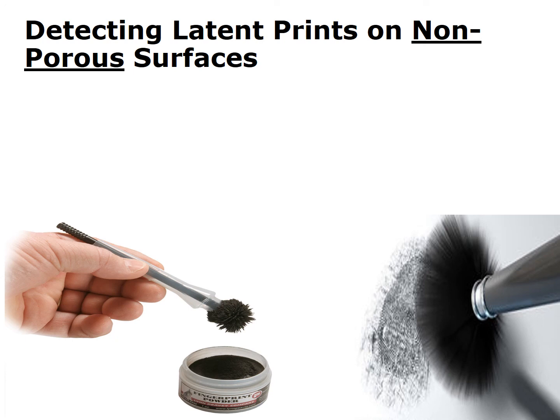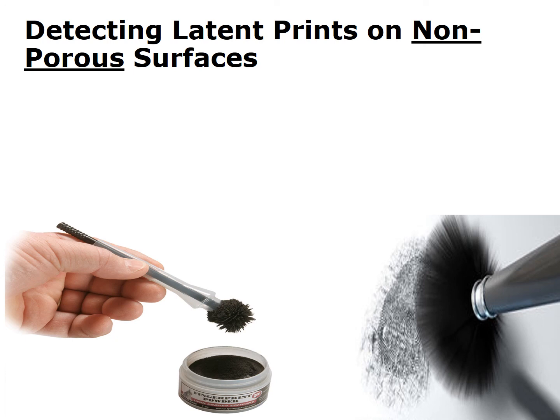An example of a non-porous surface would be a hard, flat surface, like your computer screen, or like a glass that you would hold water in. A porous surface, on the other hand, would absorb water. An example of a porous surface would be paper or unpainted wood.